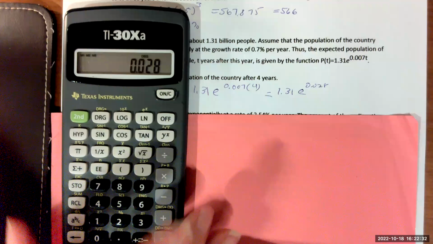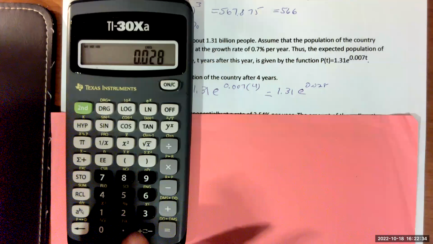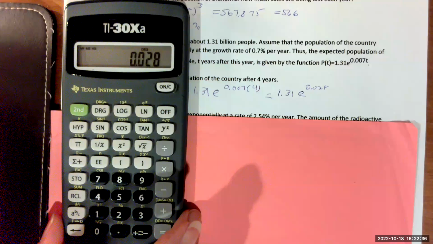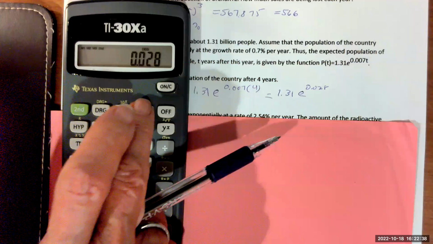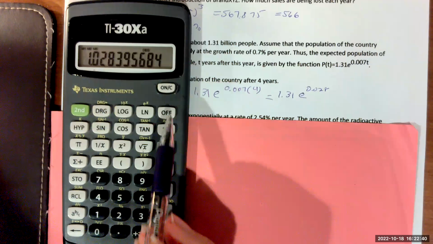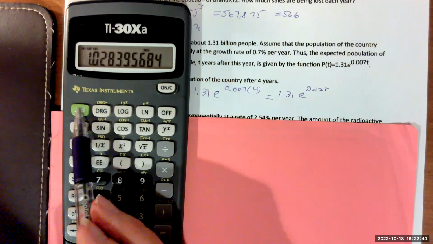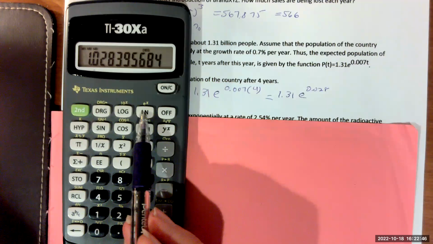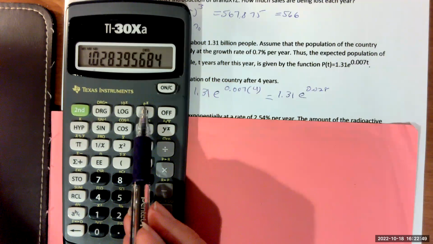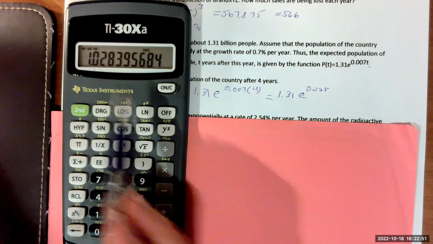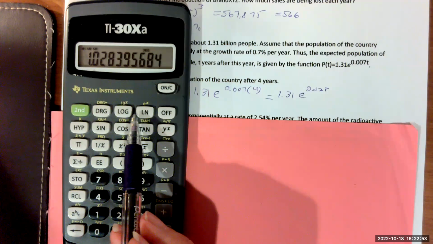Let's take a look and see. So let's put in the 0.028, and then I believe I hit that key. Yes. Okay, so on this calculator, you're going to put in the value for x, whatever the exponent is, and then you're going to hit second, and that'll get you the second function on the ln key, and that's going to bring up that base e, and it's going to raise base e to that power.